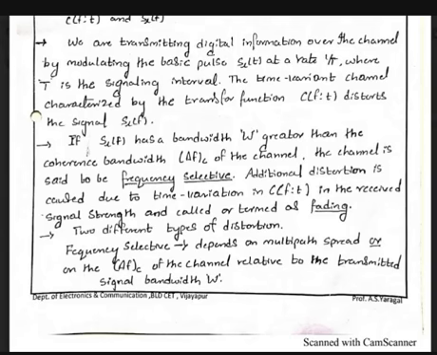Now what is this fading? Fading depends on the time variation caused in the channel, and also it depends on the coherence time or the Doppler spread, that is beta d.